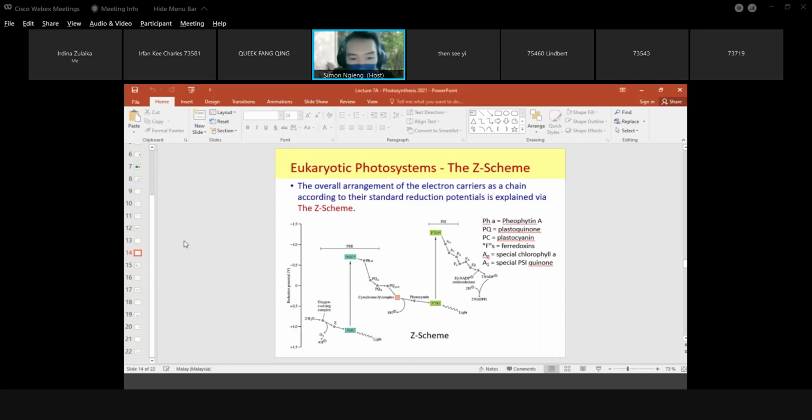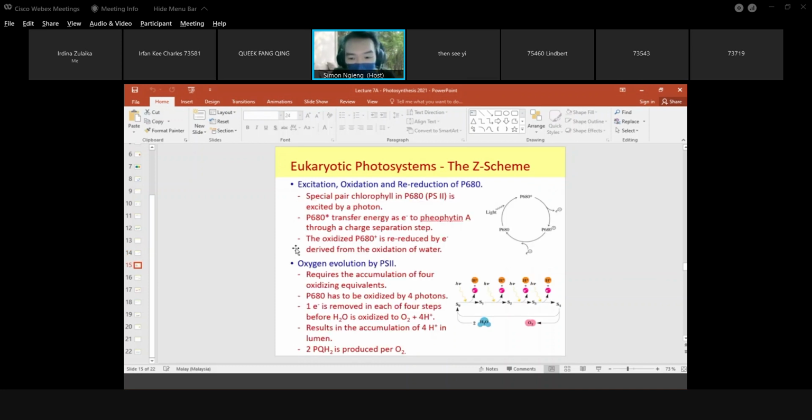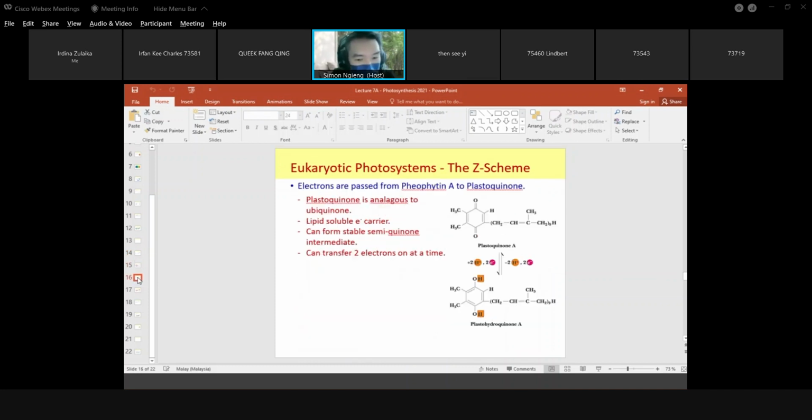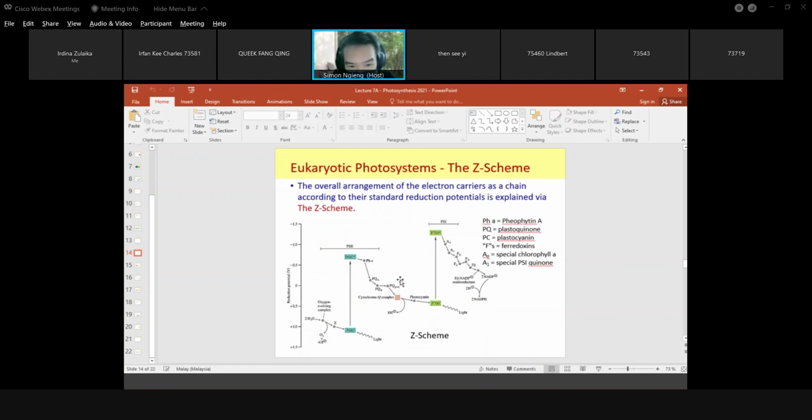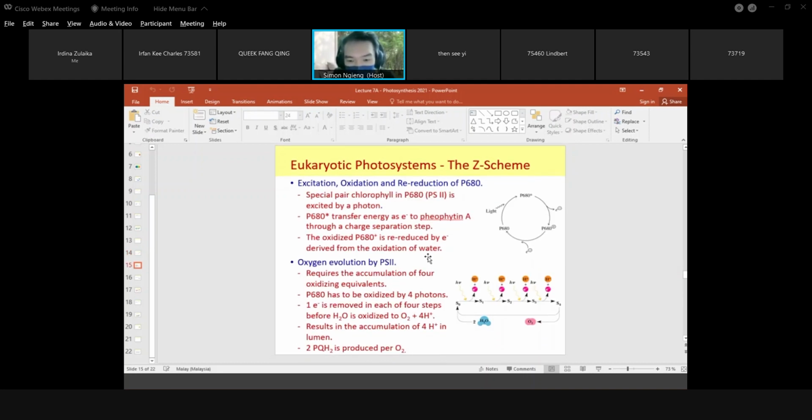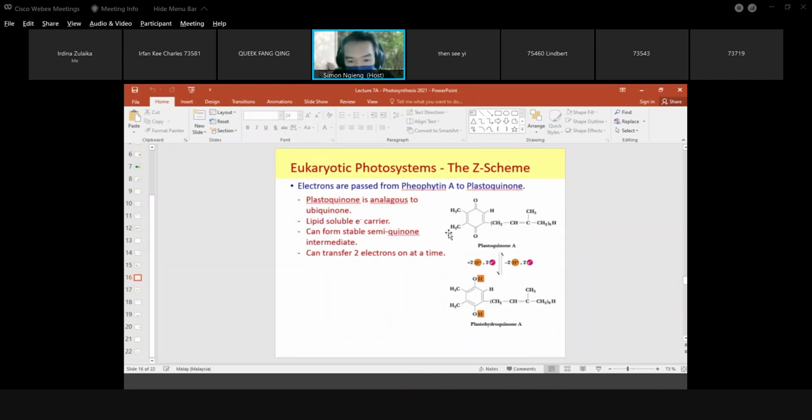Okay, so next. This is one of the members inside your electron transport chain, and you have plastocyanin and plastoquinone. These are the two members that are located here. It talks about the property of this.